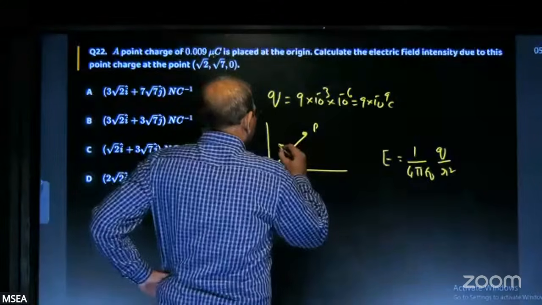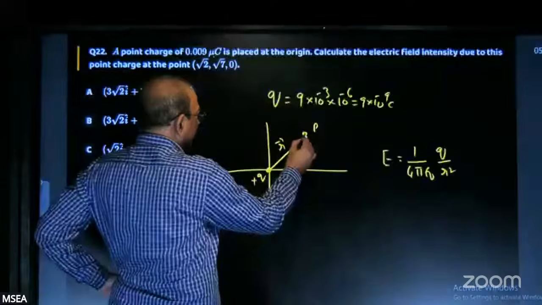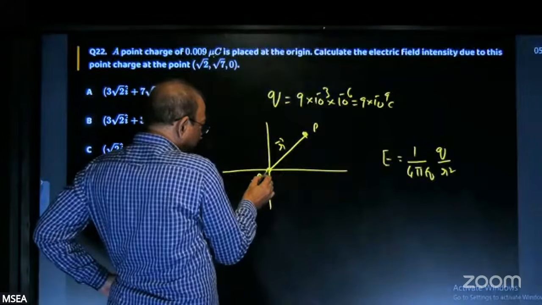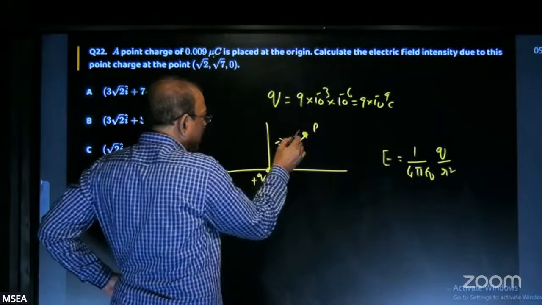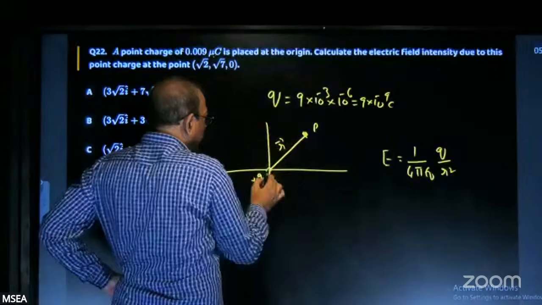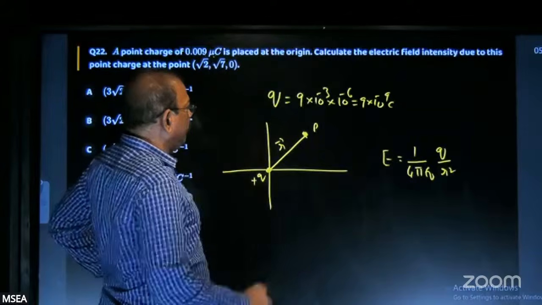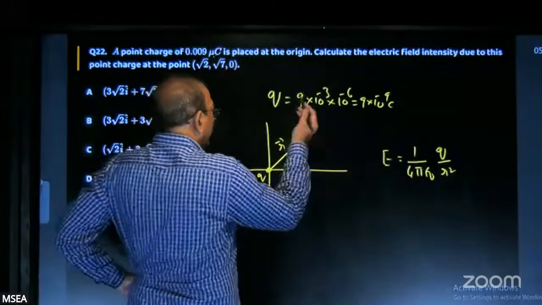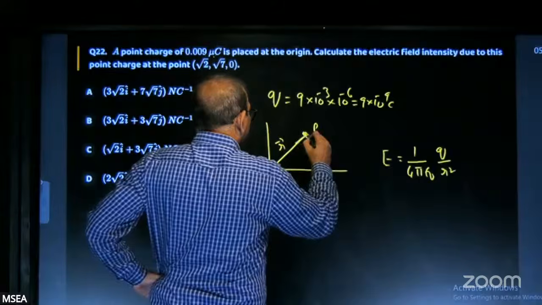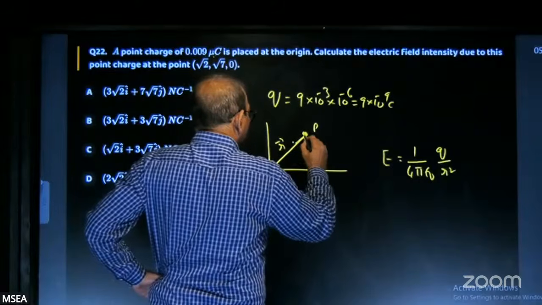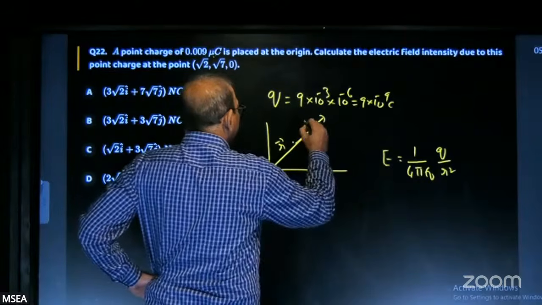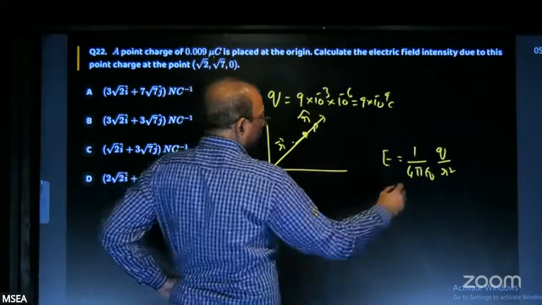If r bar is the position vector of this point with respect to the position of the charge, and you want to write it in vector form, assume the unit vector in this direction of intensity is r cap.